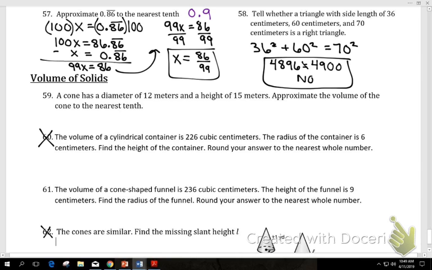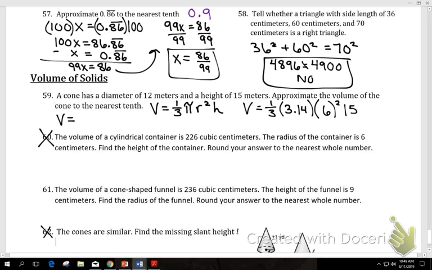And they have to do with a cone. Solve number 59. Plug in your numbers. You have to know the formula. Once you have the answer, raise your hand. I want to come check. All right, so I plugged in 1/3 pi r squared h. And wait a second, where did I get the 6 from? Did I make a mistake there? I don't see a 6 in the original problem.